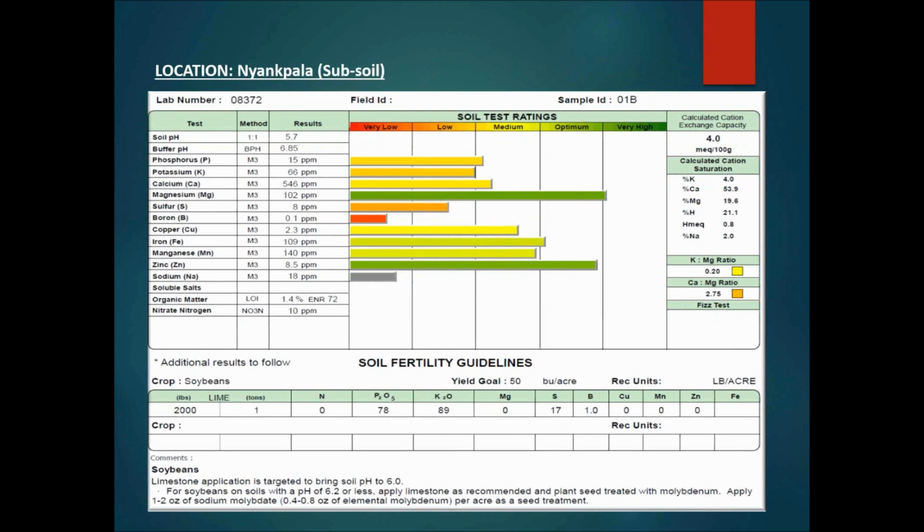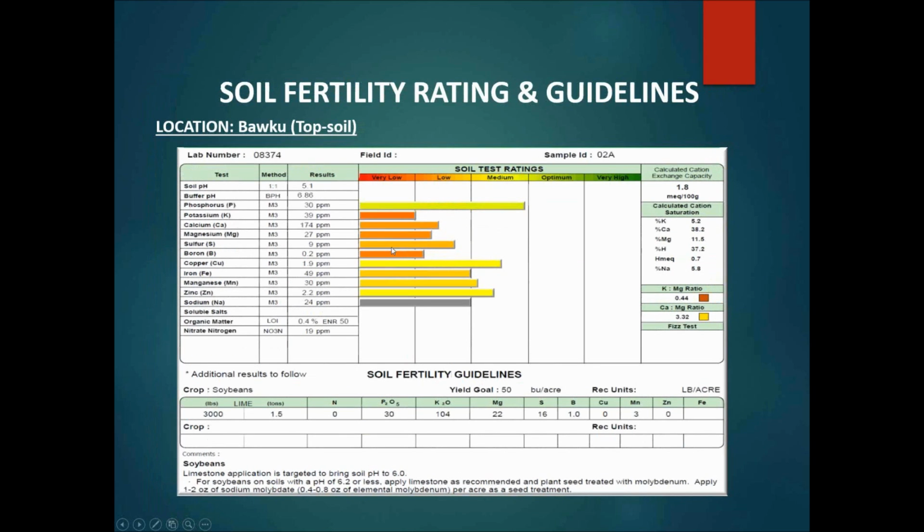Now for the subsoil, it shows the same pattern, that with the exception of magnesium and zinc, the rest of them are either very low, low, or medium. Now this slide here shows Boku, that's the topsoil, which shows the same pattern.